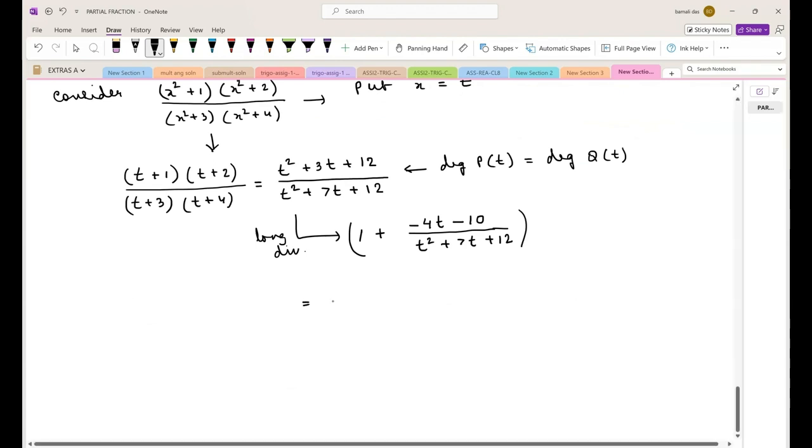Let me write it like this: 1 minus, 2 I can take common, so this becomes (2t plus 5) by (t square plus 7t plus 12).